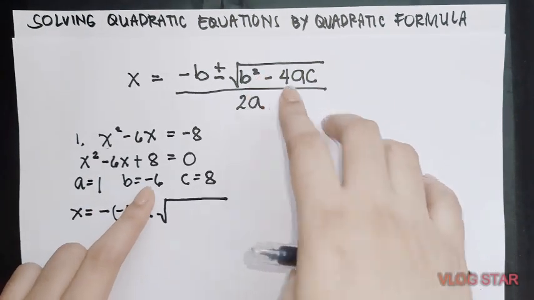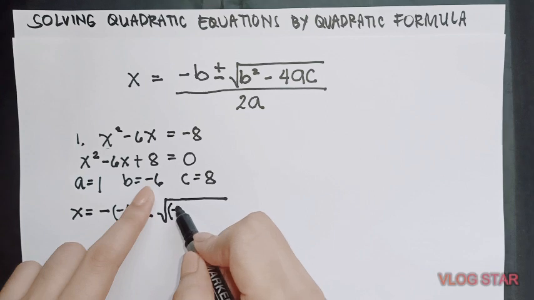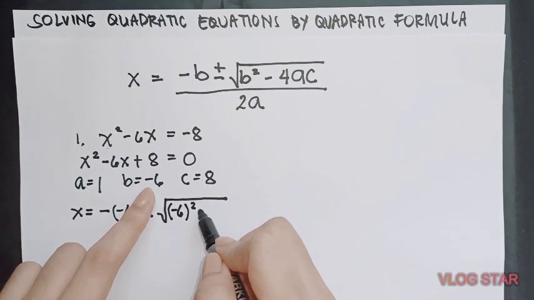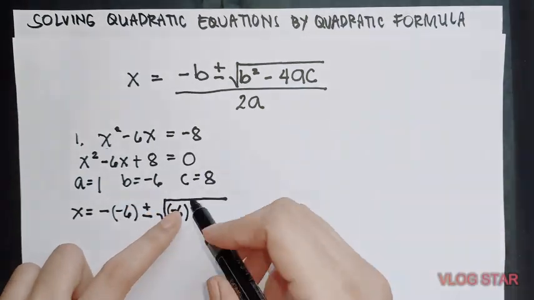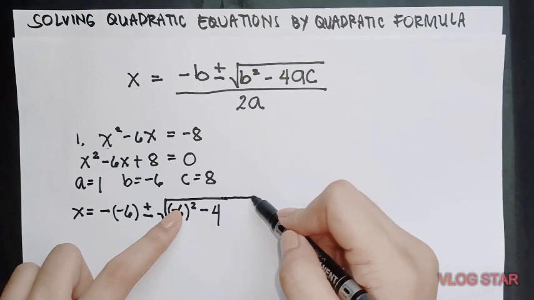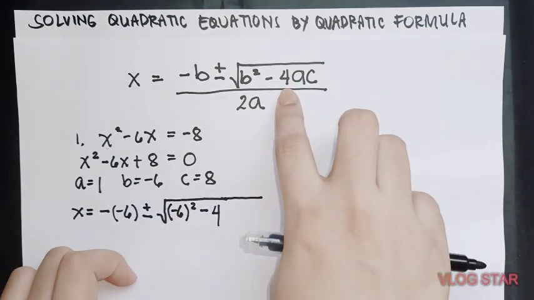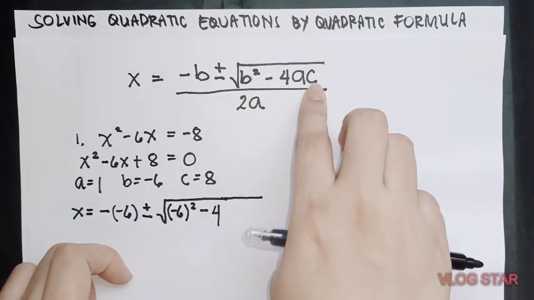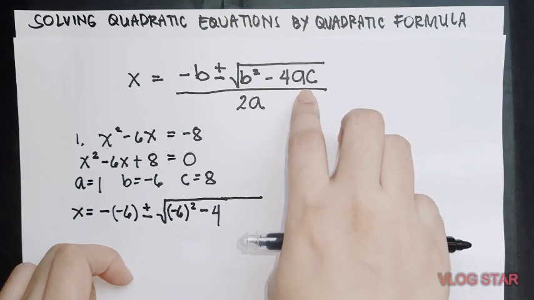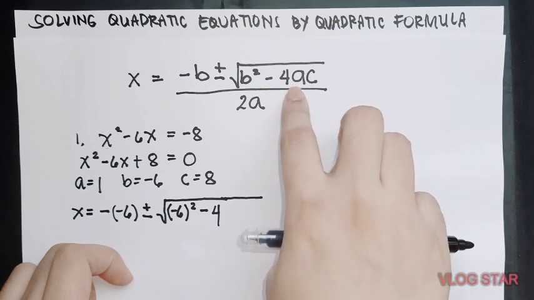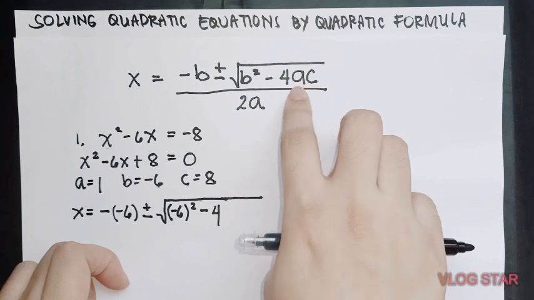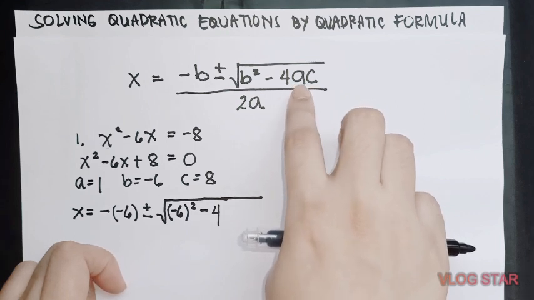Take b, which is negative 6. We're going to have negative 6 squared minus 4ac. 4, a, and c are written side by side, so the operation among them is multiplication. It means 4 times a times c.